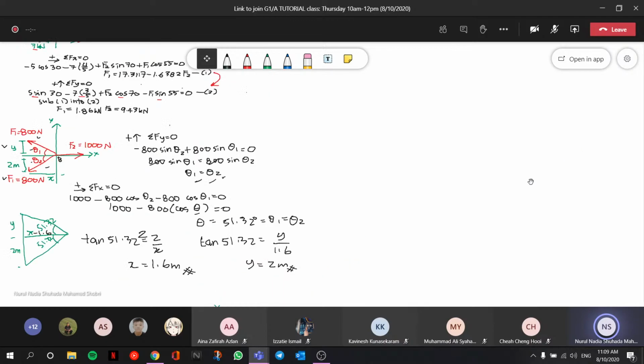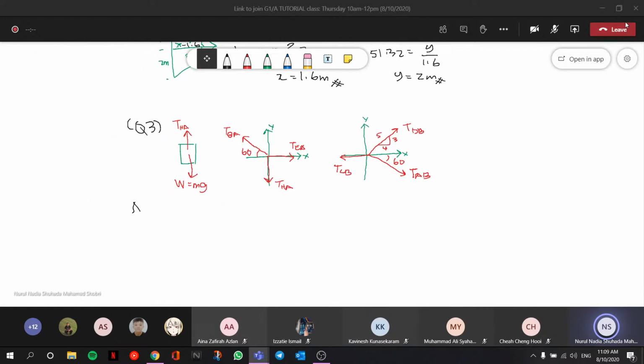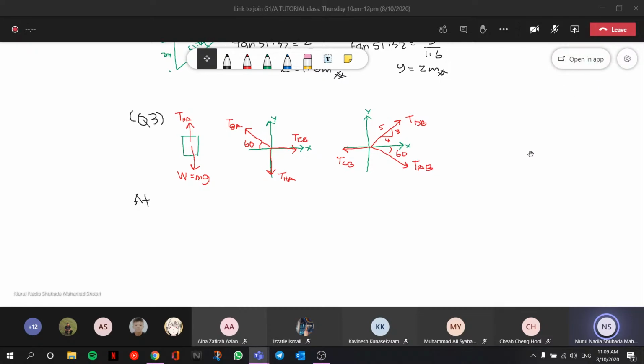So for now, we solve the one at the pipe. As you can see, at the pipe it only has a y direction, so we will only solve in the y direction.